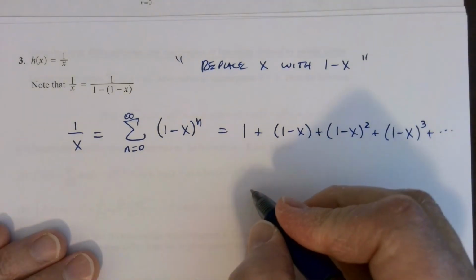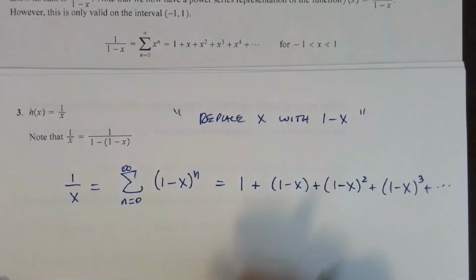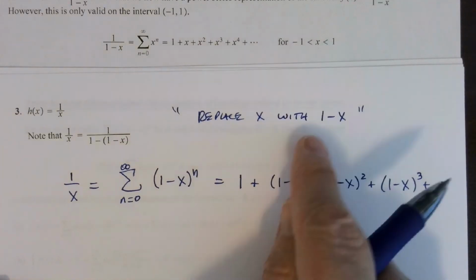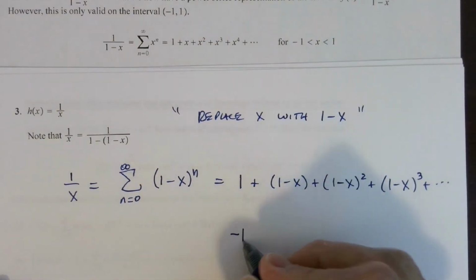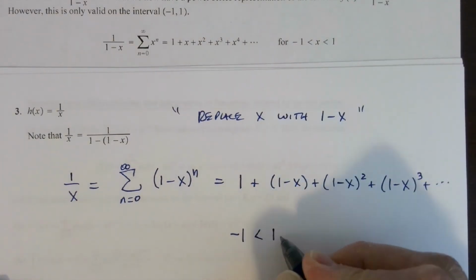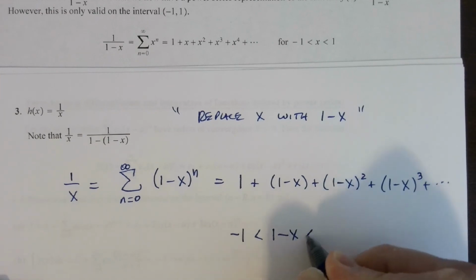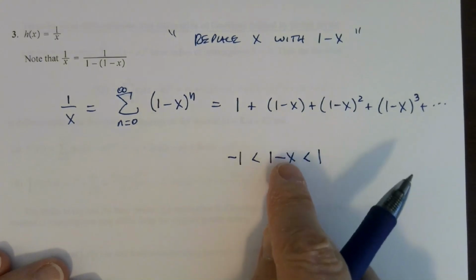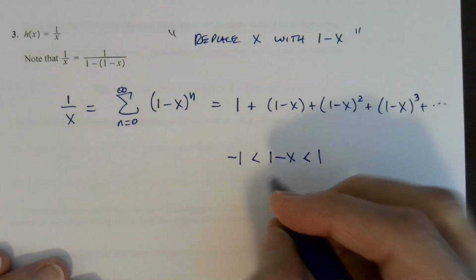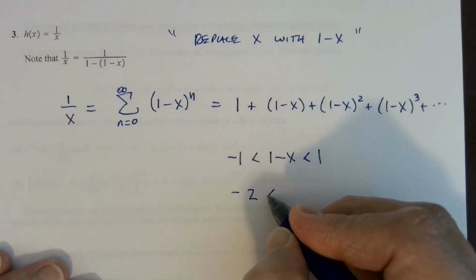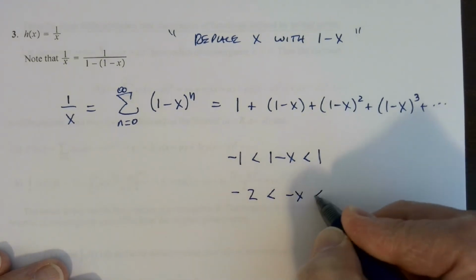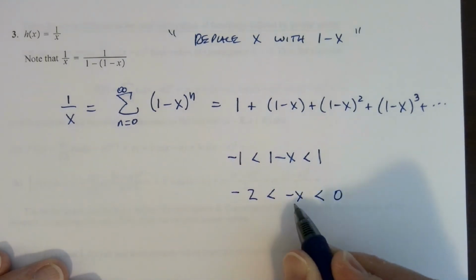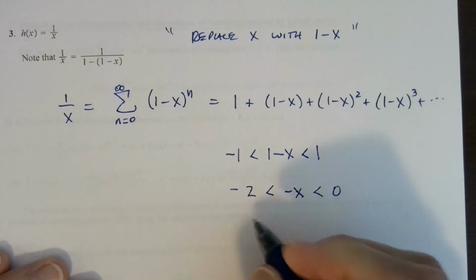And what is our interval of convergence? Remember, it was x between -1 and 1. We replaced x with 1 minus x. Then to get x by itself, I'm going to subtract 1 from all sides. And then to get this to be x, I multiply everything by -1.